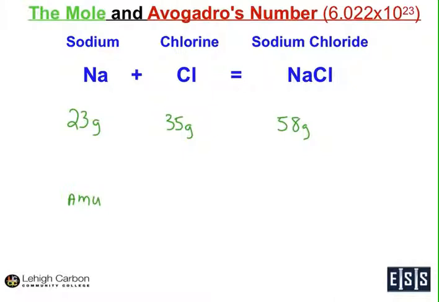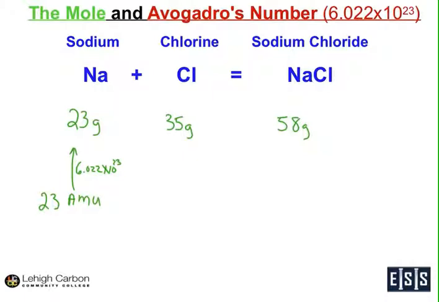AMU up to grams, if you remember, 23 was how much 1 atom of sodium weighed. They found that if you took 6.022 times 10 to the 23 sodium atoms, then it would weigh 23 grams.